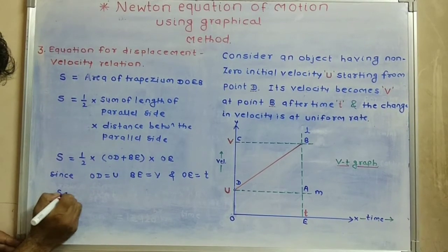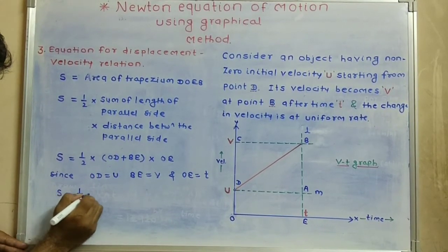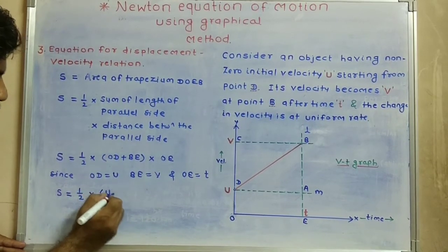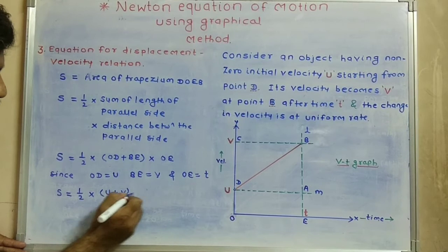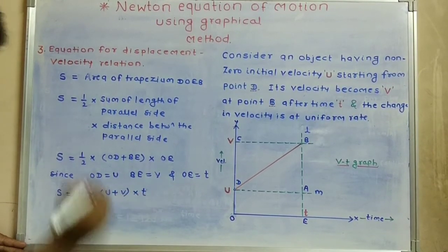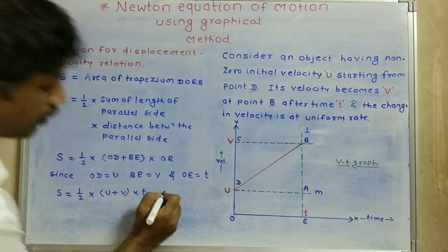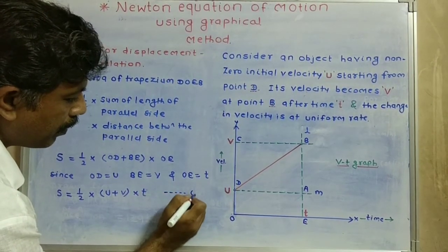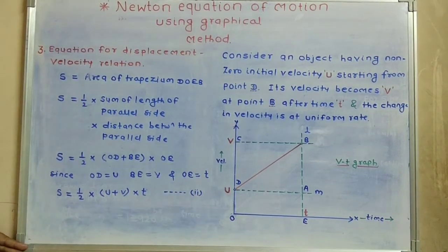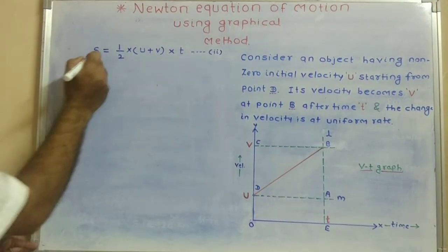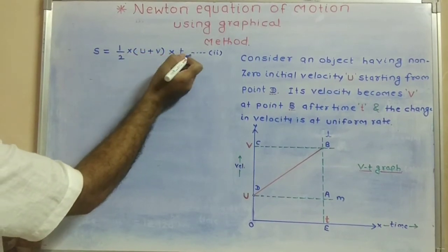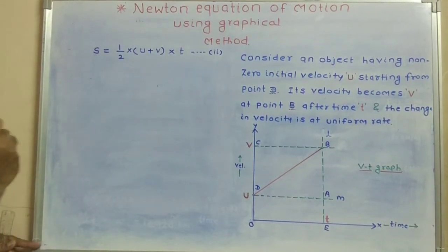Therefore, we have got S is equal to half multiplied by U plus V, multiplied by T. This is your equation number 2.